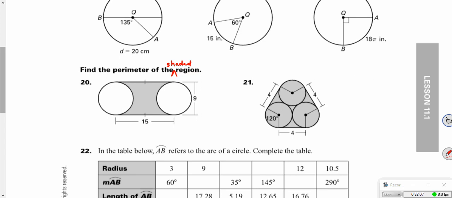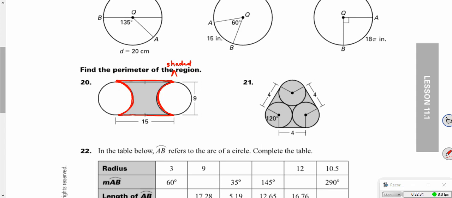So on number 20 we are finding the perimeter. This is essentially half of a circumference, and this is half of a circumference.